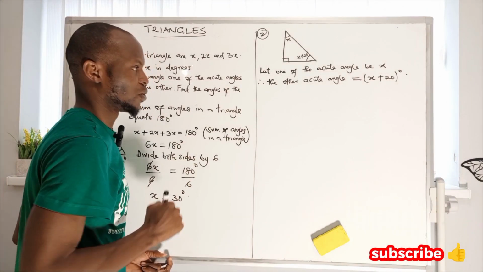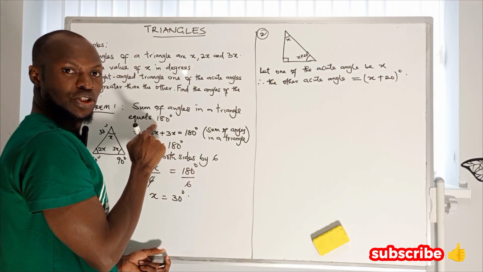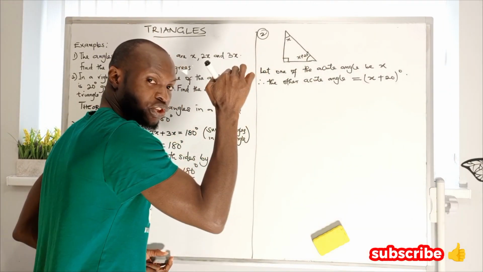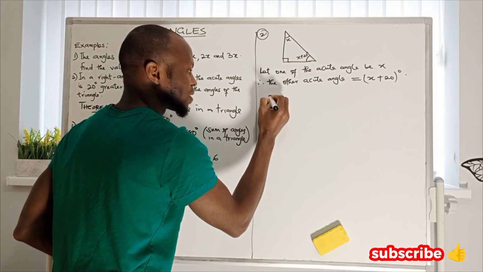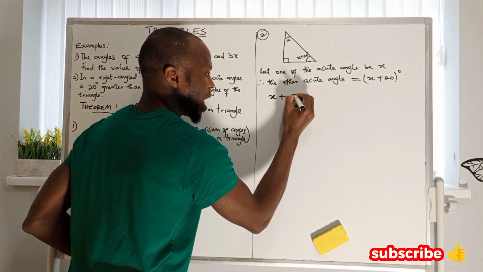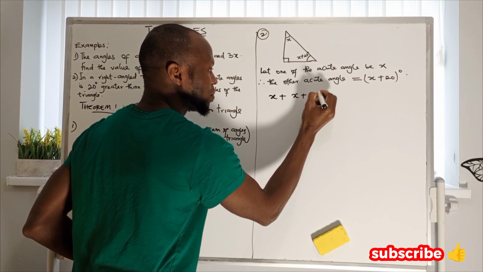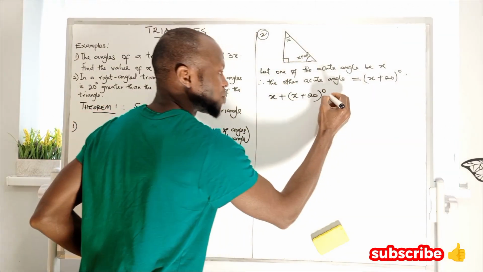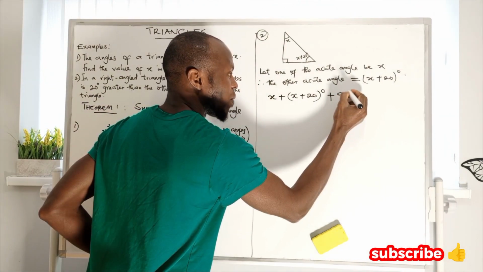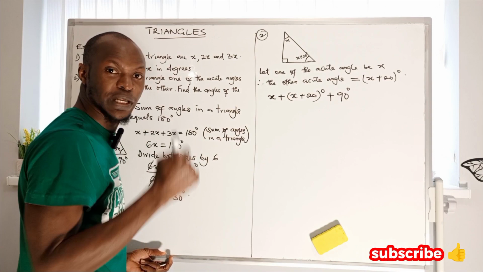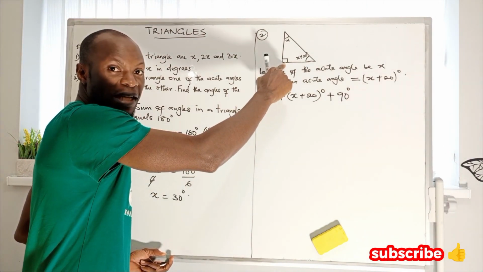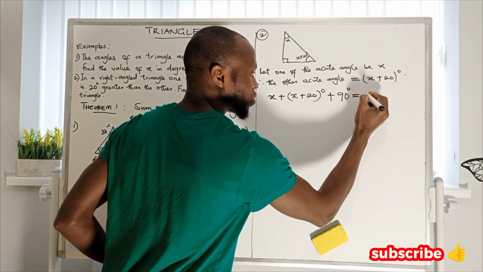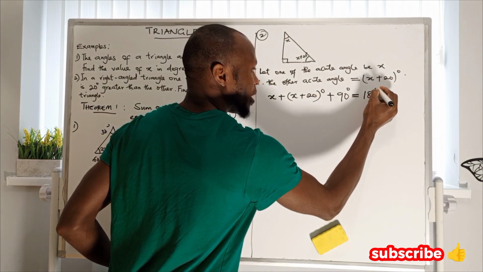Do you get it? So now applying this theorem, the theorem says these three angles in a triangle: my x, plus x plus 20 degrees, which is the second acute angle, plus the third angle, which is my 90 degrees. Don't forget our right angle. In our previous classes, we explained a right angle to be equal to 90 degrees. So this will be equal to 180 degrees.